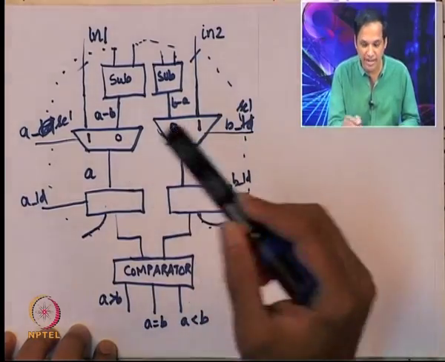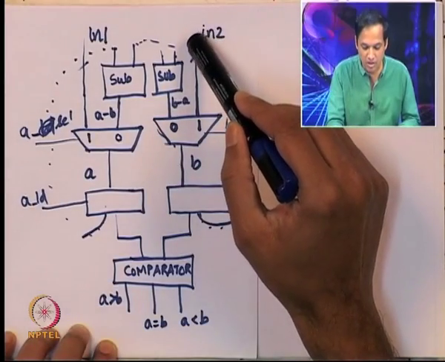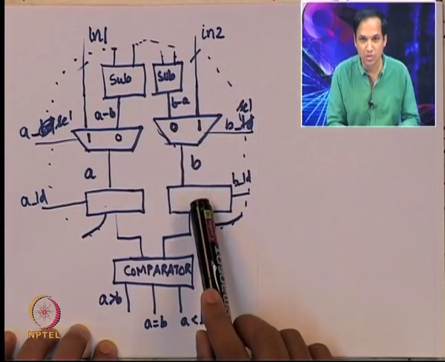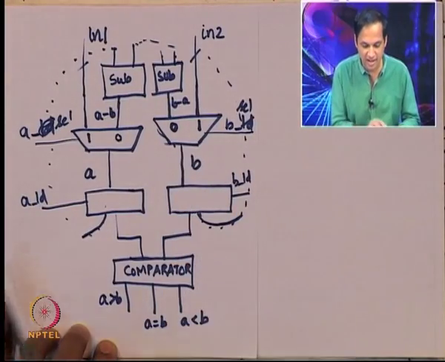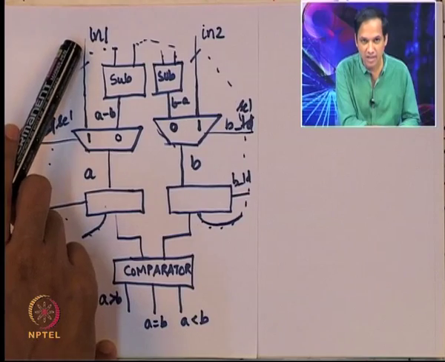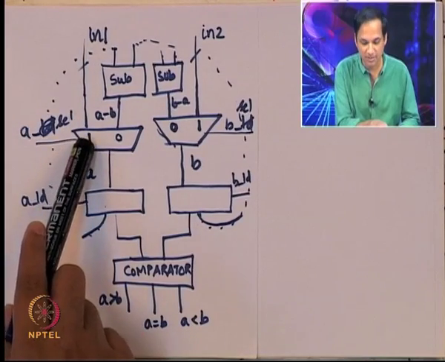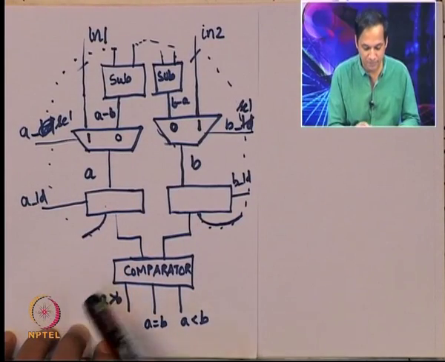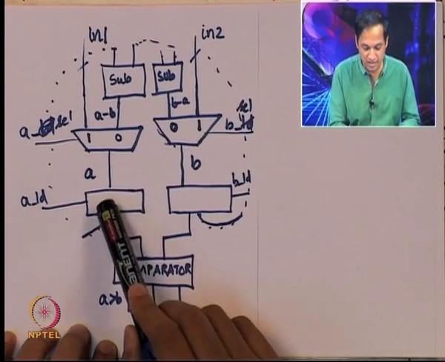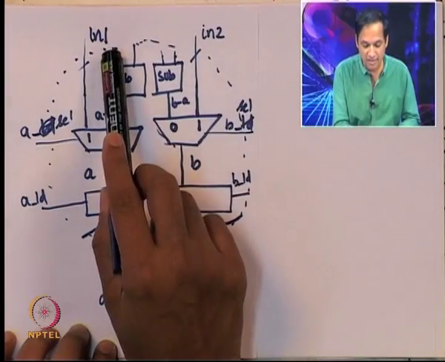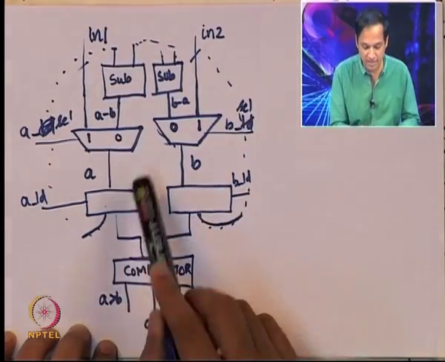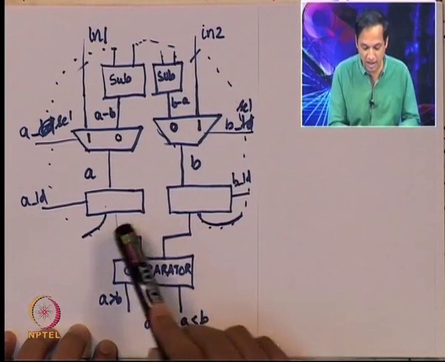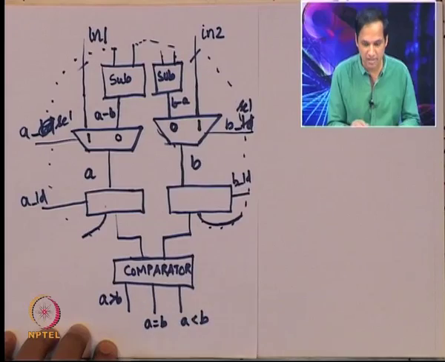But you can see how the data is passing through. It comes from this line here, through the mux, into this register, and gets registered there. The value A starts from here, goes through the multiplexer and gets registered here. Once that happens, A will appear as the subtractor's input in these two places, B will appear at both the subtractor's inputs, and A and B will also appear at the comparator's inputs.